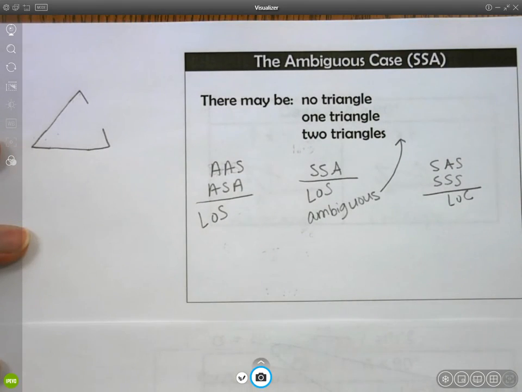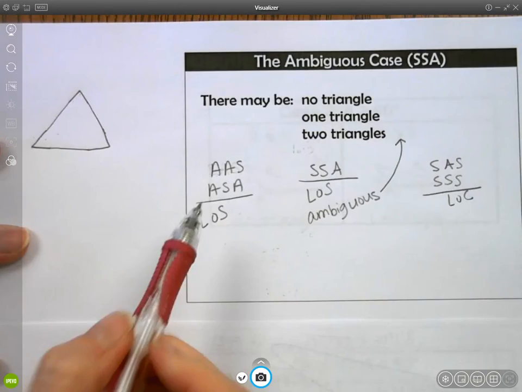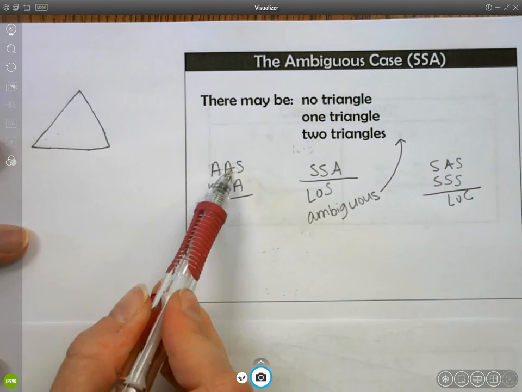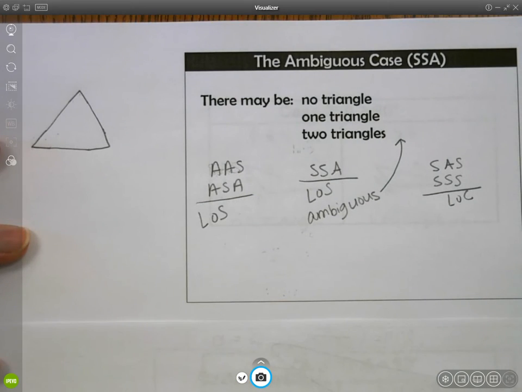So you are going to have one triangle. If I give you 2 angles and a non-matching side, then you're going to be able to find that 3rd angle, and there's still just one triangle, because you know the 3 angles and you know one of the sides. Everything is nice and simple.